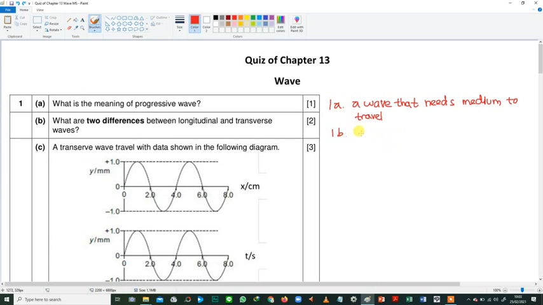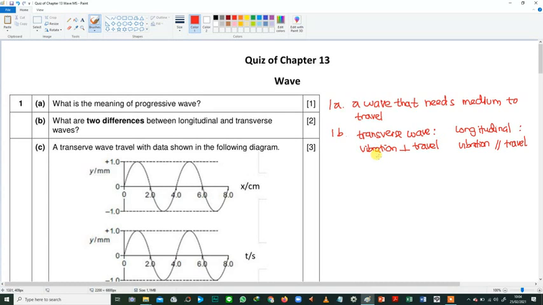So you can say here transverse wave, you can write the vibration is perpendicular to the direction of travel, and this is the longitudinal. Here you can write that the vibration is parallel, the symbol for me is this one, to the direction of the travel. This is the first difference.